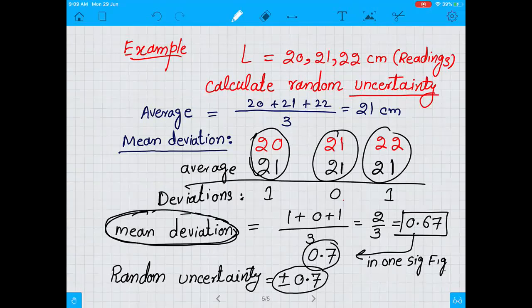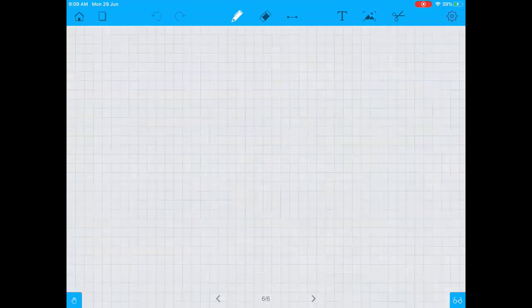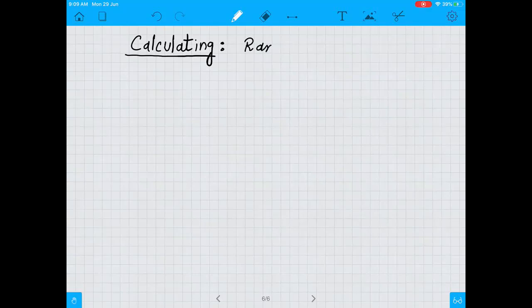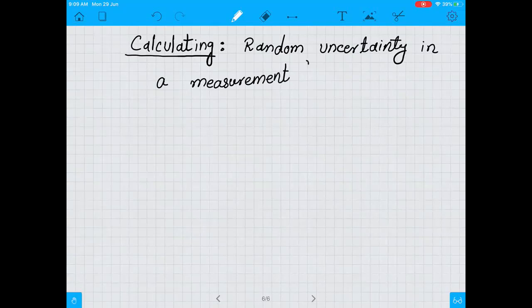Now let's move on. How will you calculate random uncertainty in a measurement?